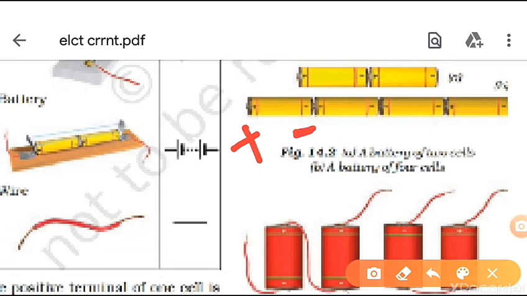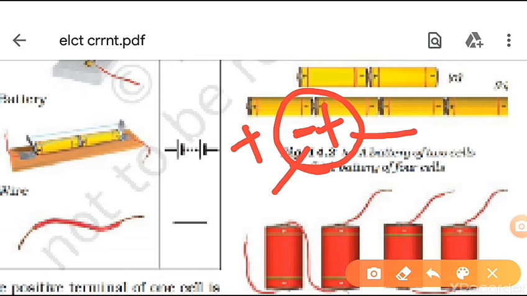The negative terminal of one cell should be combined with the positive terminal of the other cell, and similarly so on. If you put two negatives together, then it will not work. Clear? So to make the cells work, we should combine the negative terminal of one cell with the positive of the other cell. Here you can see positive this side and negative, and another cell is starting similarly with positive and negative. So we combine the cells like this, to make it work.